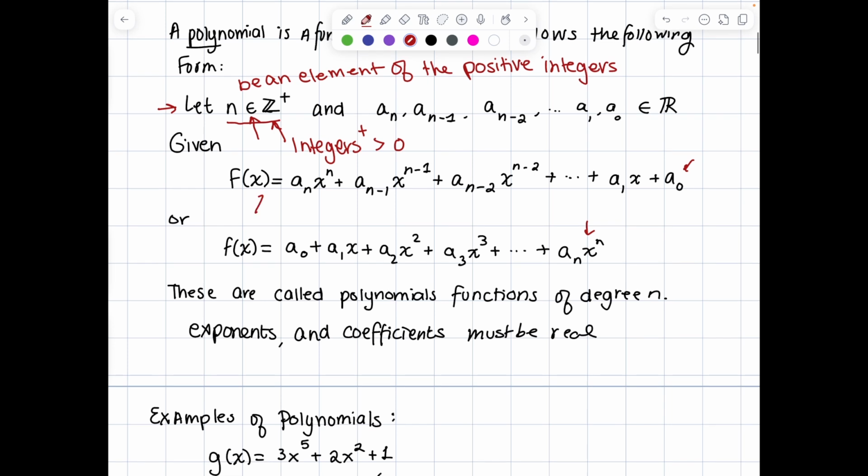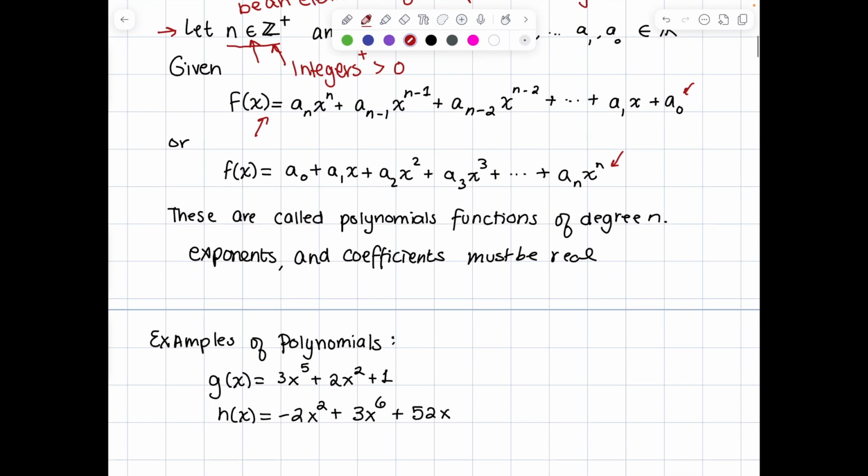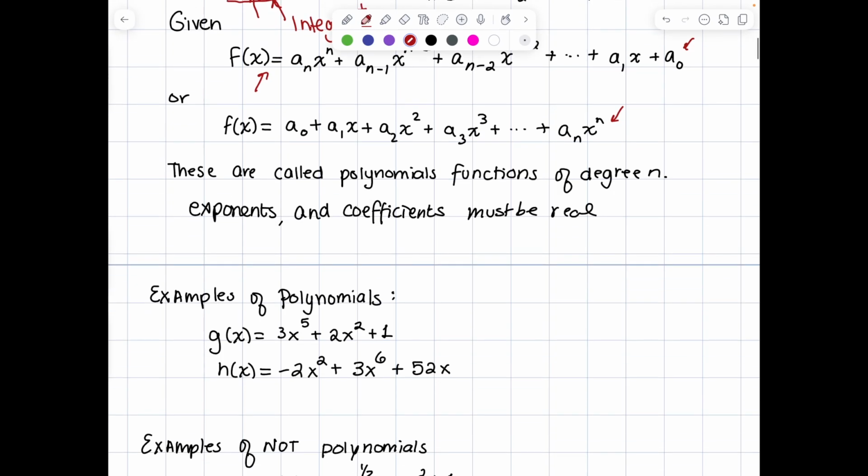So this form is what you'll mostly see it in, but when you like cook up polynomials and stuff, this is usually the form that you'll see it in, this one here. Usually in coding and other kinds of theorems and applications in applied math it is used that way. Okay, so these are polynomial functions of degree n.